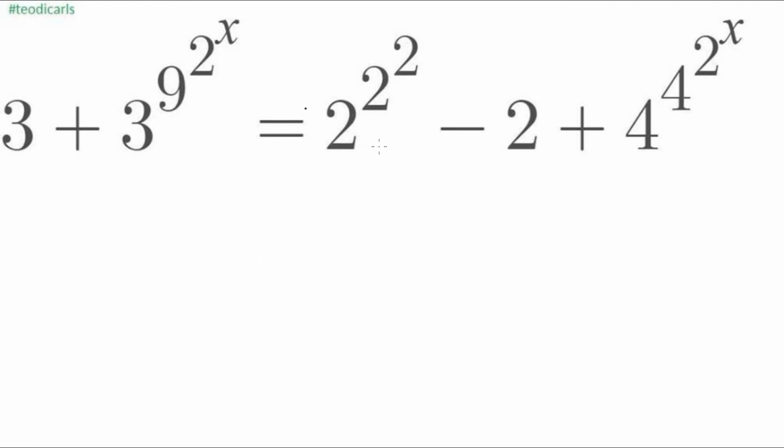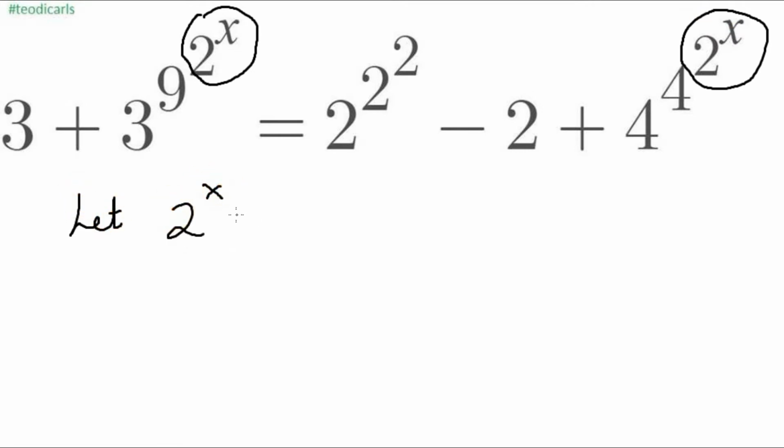So here what I see is there is a pattern. 2 to the power x is here and 2 to the power x is here. So we can let 2 to the power x be equal to some other variable like y, and this problem is being converted into 3 plus 3 to the power, let's make it as 9 as 3 to the power 2.